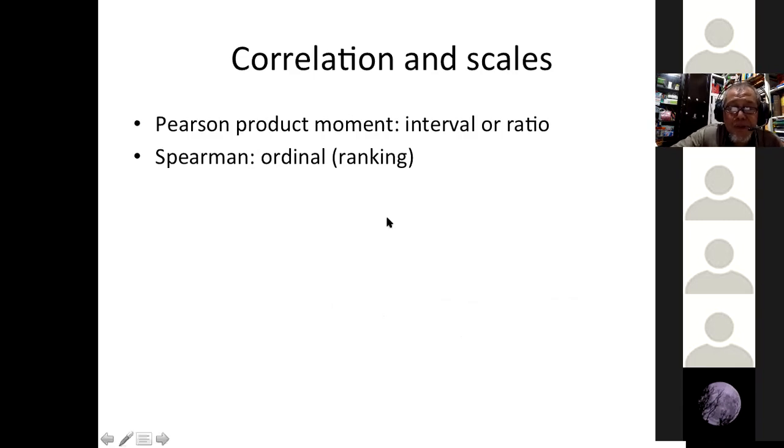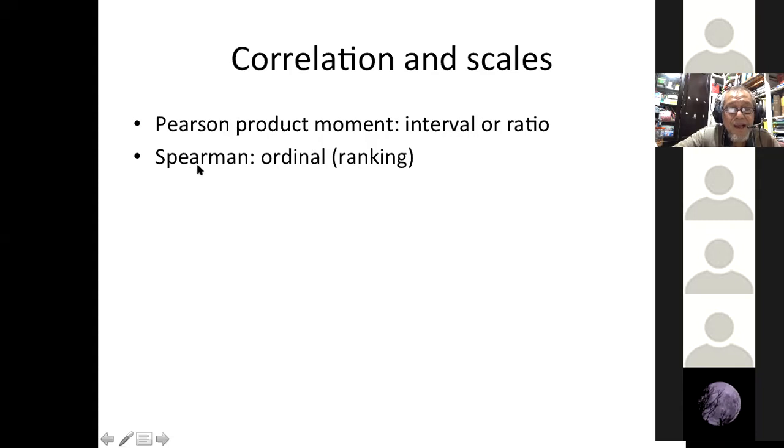Next, correlation coefficient. We will use two types of formula or correlation depending on the data. When the data is interval or ratio, so remember the scale of measurement, then we use the Pearson product moment correlation. When the data is ordinal ranking, for example, we use Spearman.